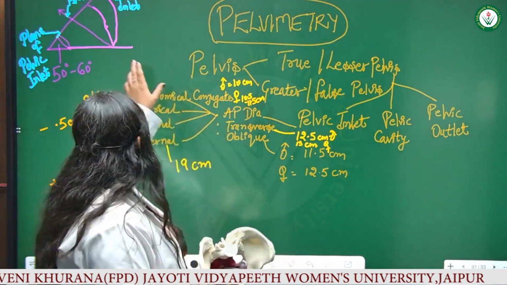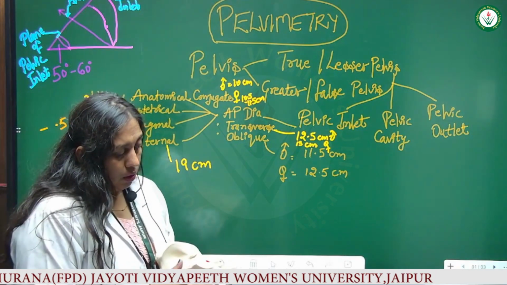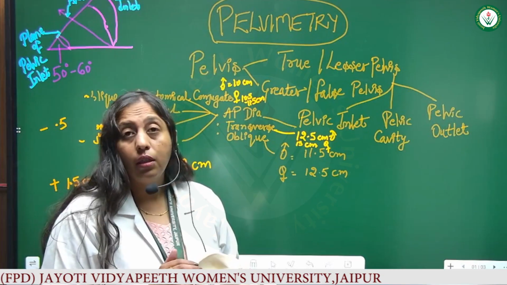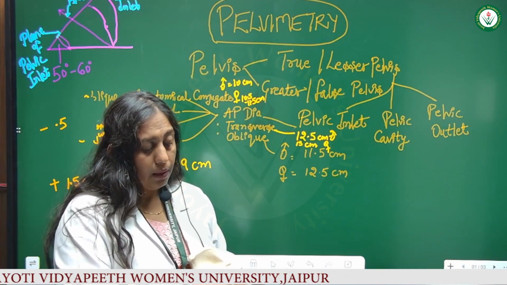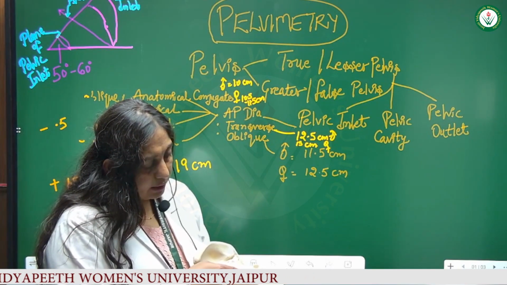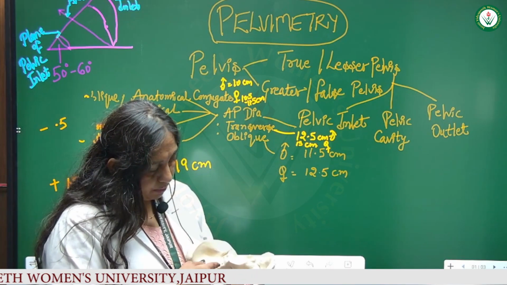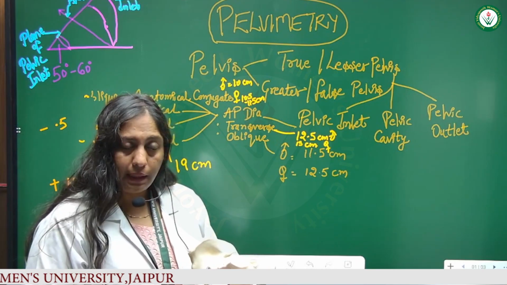Now let's discuss the plane and the axis. Firstly, we have two pelvis, true pelvis and the false pelvis, which is demarcated by the pelvic brim. What is pelvic brim? The pelvic brim is formed by the sacral promontory, ala of the sacrum and the linea terminalis, both sides. What is linea terminalis?